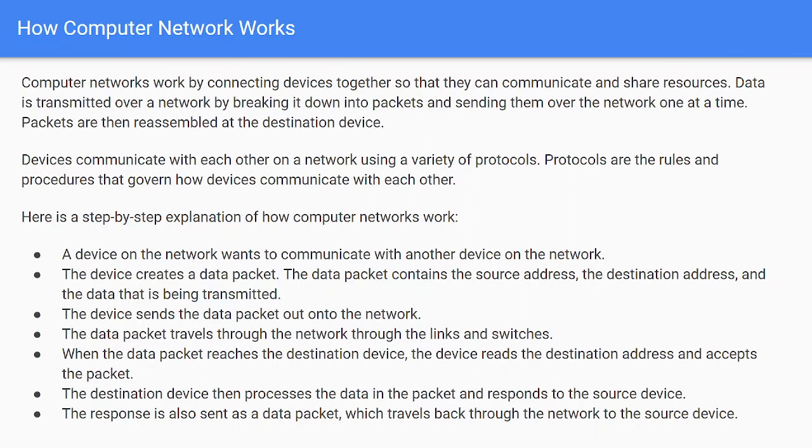Device D then processes the data in the packet and responds to device A. When device D receives the information, it will assemble it, and if it requires a response, it will send a response back to device A, the same way, carrying the destination address of device A and the source address of device D.